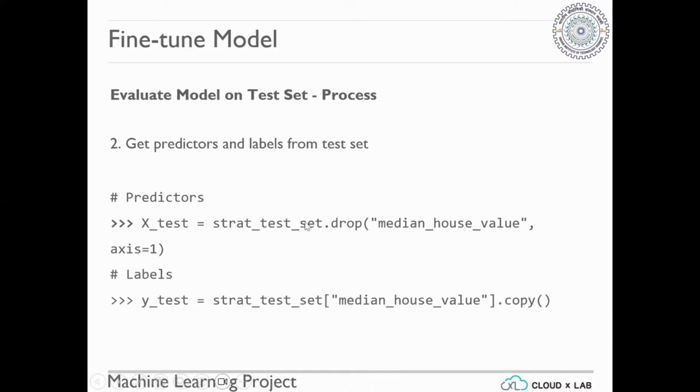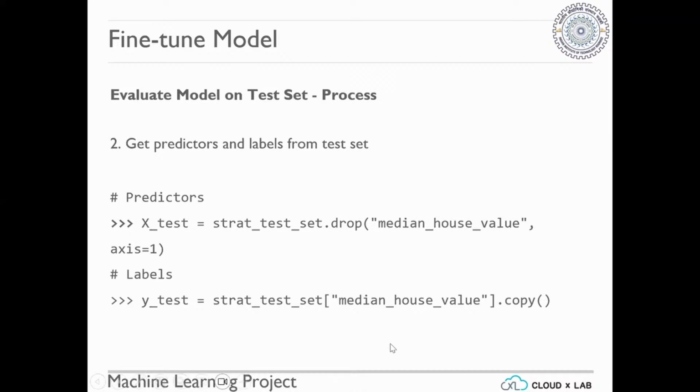We will divide the test set, because in test data we are having all inputs, all columns, right? So we will divide the table into two parts, inputs and output, because the output column is also there.